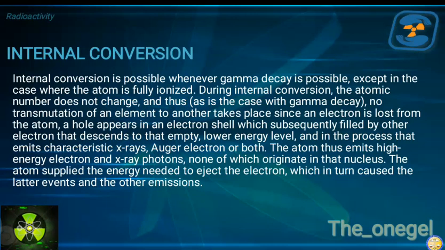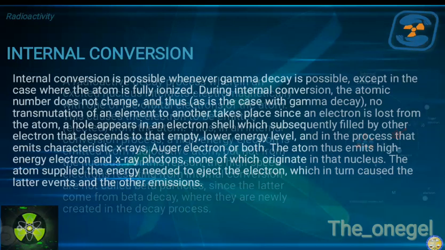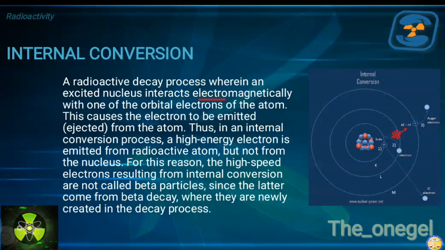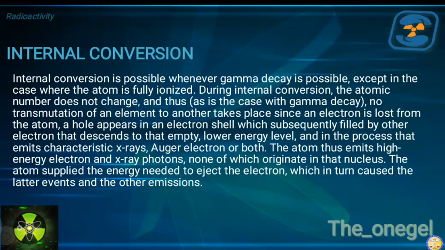So, internal conversion is possible whenever gamma decay is possible. So, yung electromagnetic radiation na pala yun is coming from the gamma. Except in the case where the atom is fully ionized.